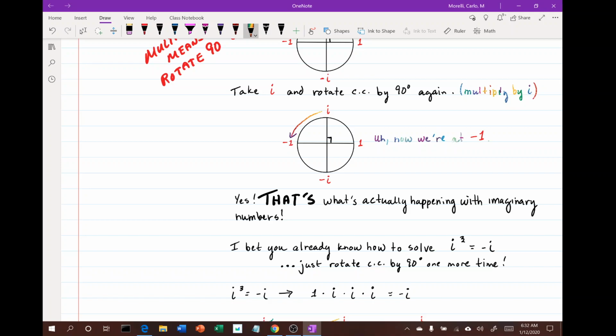So you see, as we move around this circle, traveling in 90-degree increments, we start at 1 and we multiply by i. So 1 times i is i, obviously. Now i times i is -1.